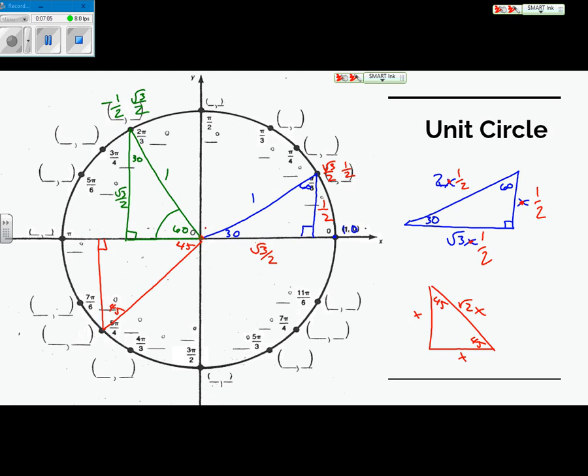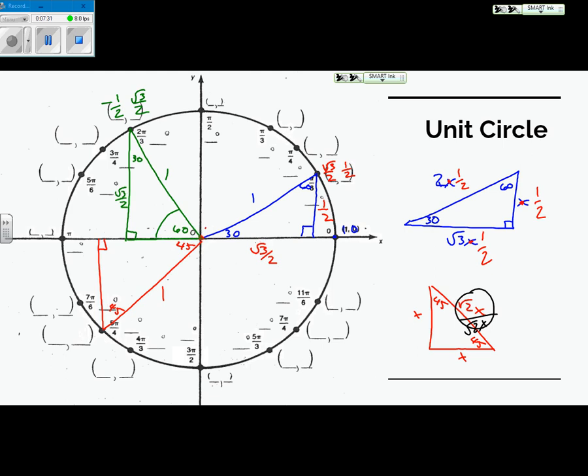But again, we're on the unit circle, meaning that my radius has to be 1. Meaning that this radius over here is not going to be 2x, but rather it's going to be 1. How do I change this hypotenuse right here down to 1? Divide by square root of 2 over x, right?